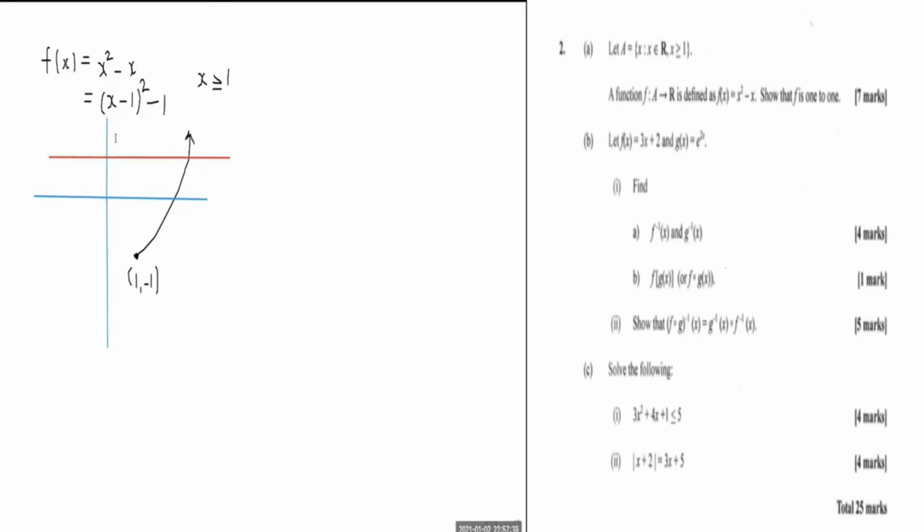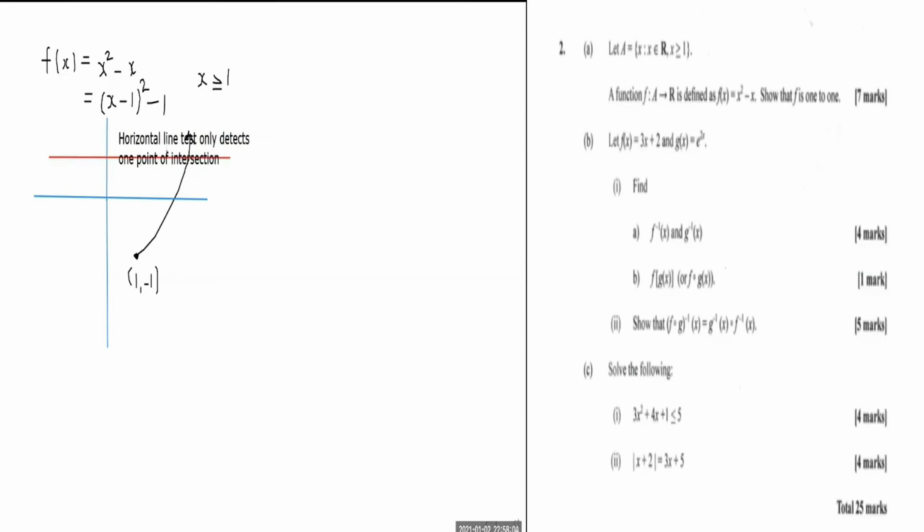So writing it down, horizontal line test only detects 1 point of intersection. All right. So the horizontal line test is only detecting 1 point of intersection.